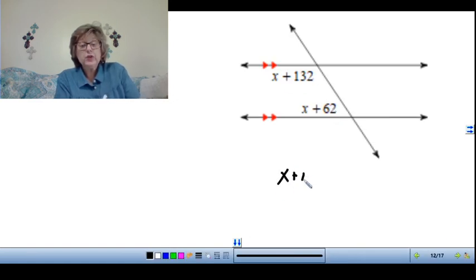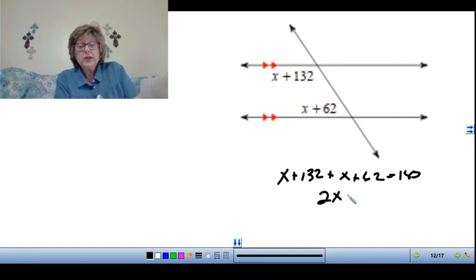So x plus 132 plus x plus 62 equals 180. That's 2x plus 194 equals 180.